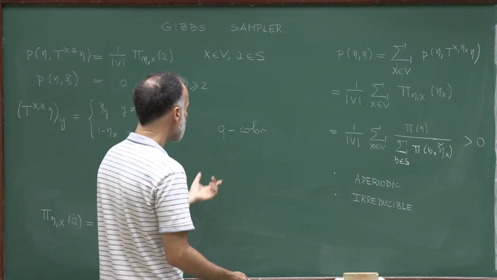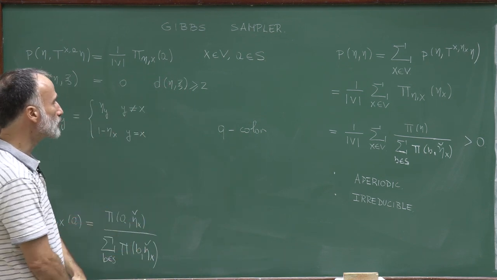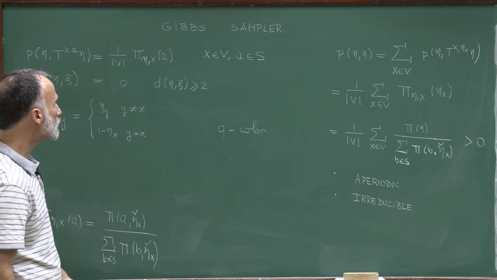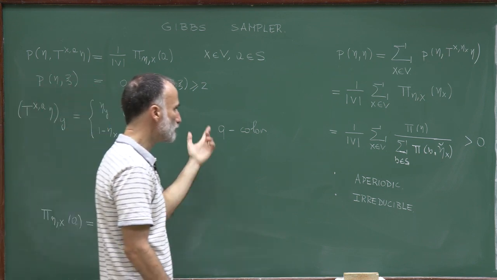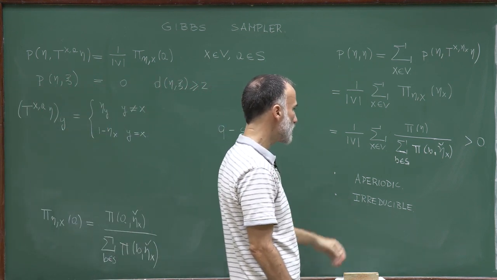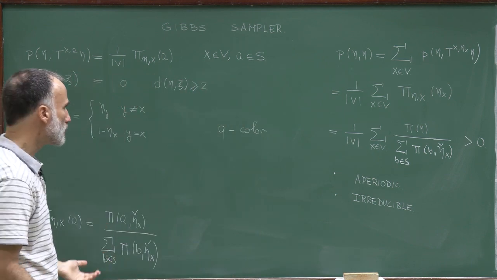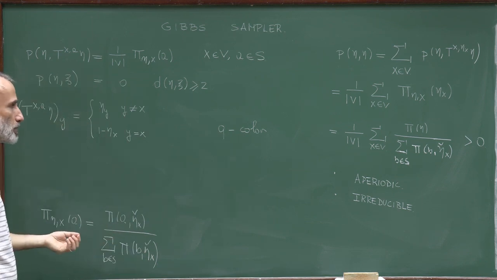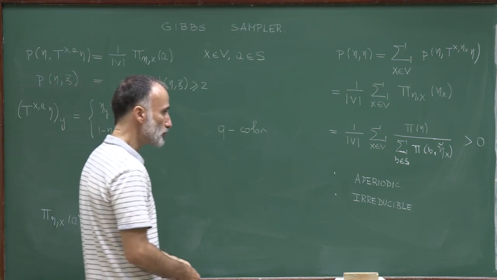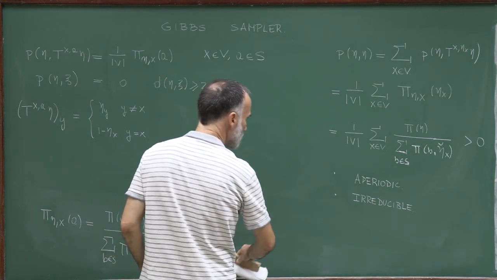It can be a very hard problem to show that this model is irreducible. So you have to go model by model. We have seen in the hard-core model that these algorithms produce irreducible dynamics, but for some examples, as the Q-color model, if Q is small, this can be a very difficult problem.